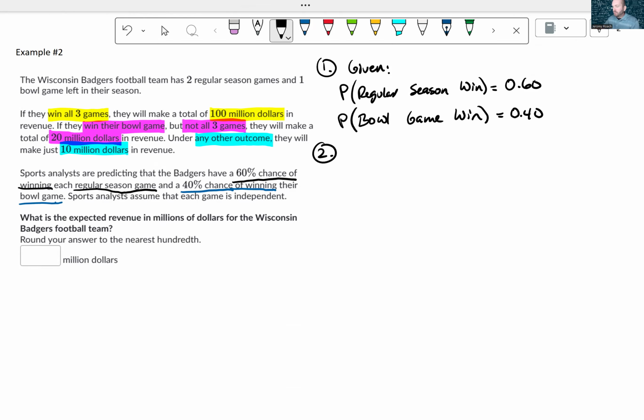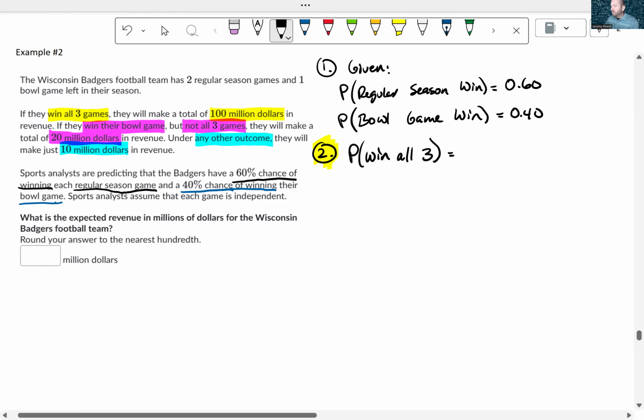Okay, now we're going to start with our first scenario, which is the probability of them winning all three. So winning all three, probability of winning all three games. All right, this is P(win all three).